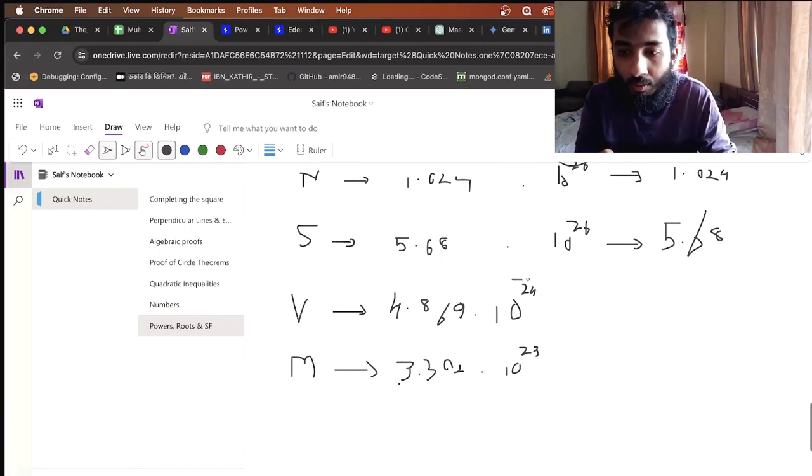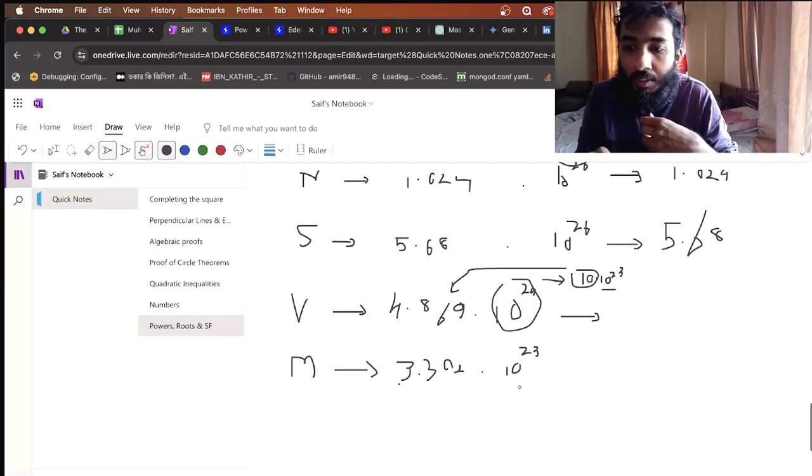As you can see, 10 to the power 24 can be represented as 10 multiplied by 10 to the power 23. So if we multiply 10 with 4.869, we get 48.69.